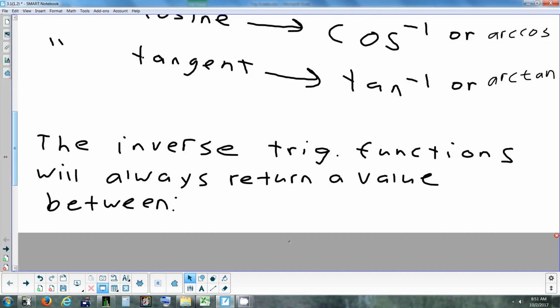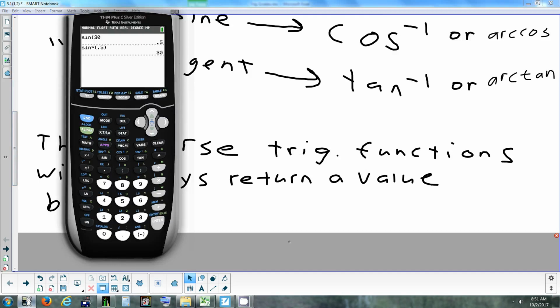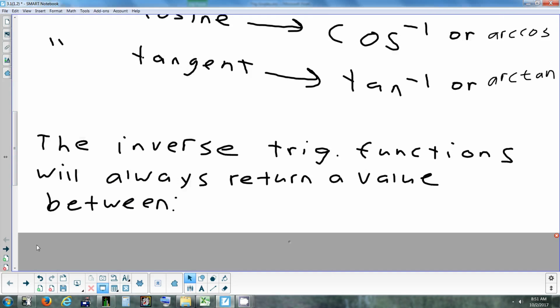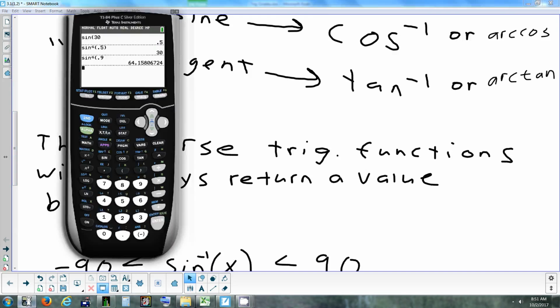All right, so when you type in a number and press inverse sine, okay, like inverse sine of 0.5. Here's another one, inverse sine of 0.9. Right, whenever you type that in, I could keep going with a bunch of different ones. Inverse sine of -0.85. But no matter what you type in, the answer that comes up on the screen, 30, 64, -58, there's a limit to the answers you're going to get.